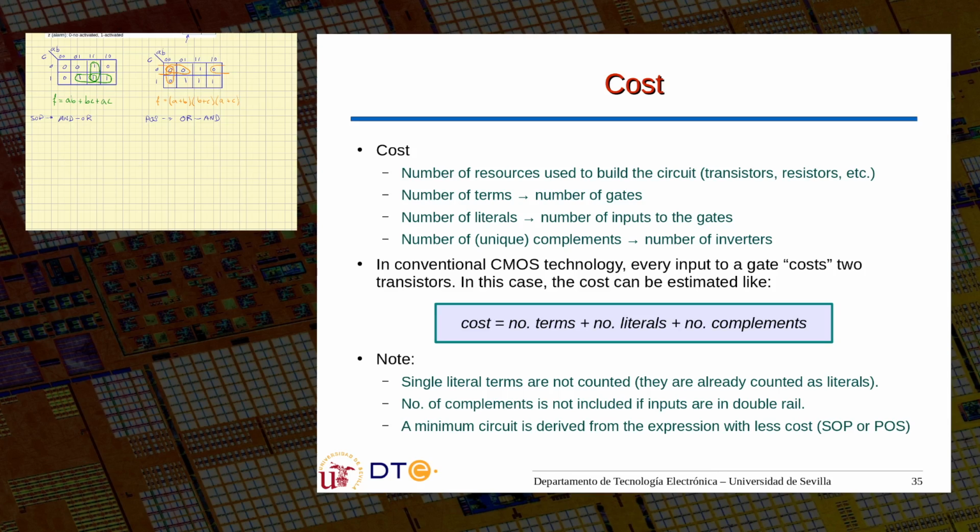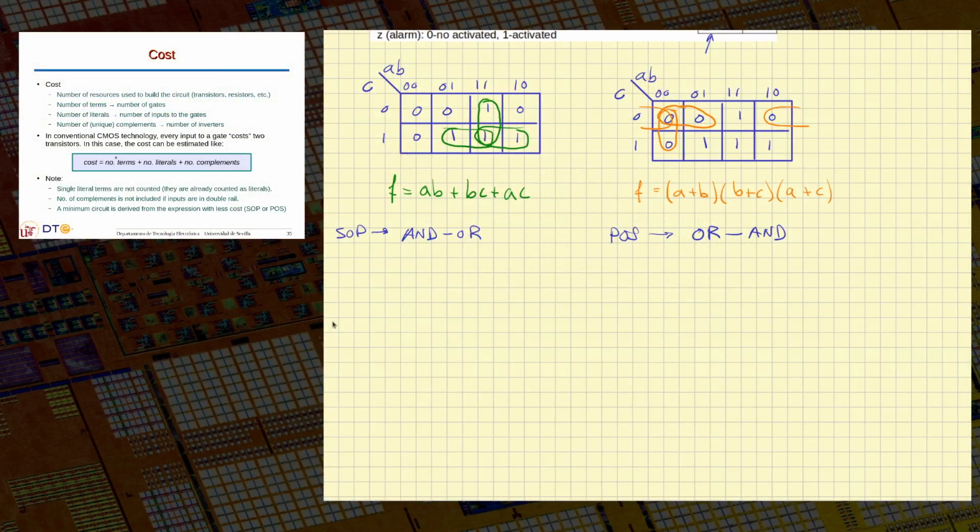And also the output gate, where we add all the terms, will need an input for each term we include in our expression. So it means two transistors per term we have in the expression. So more or less we use the same real resources in a real circuit for the terms and for the literals and for the inverters.